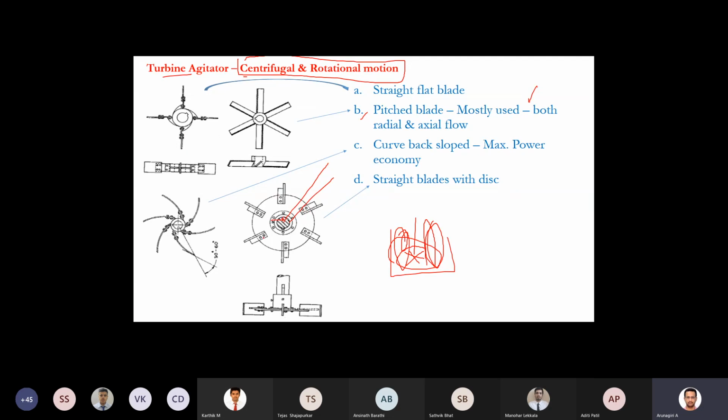Then this is your disc arrangement. Here you have blades, straight blades fixed over the disc. If you see from the top, it would be like this. This is the top view.